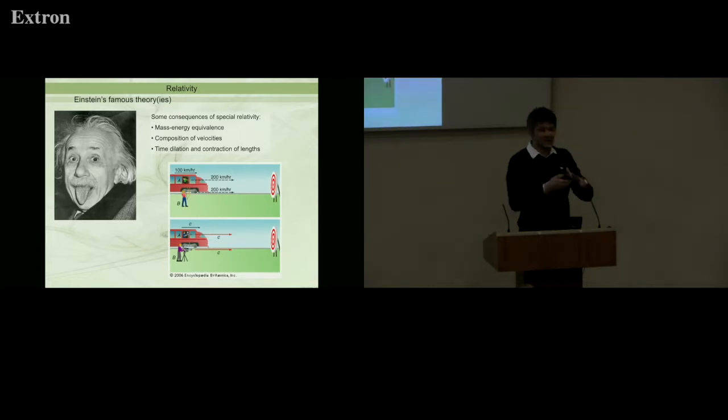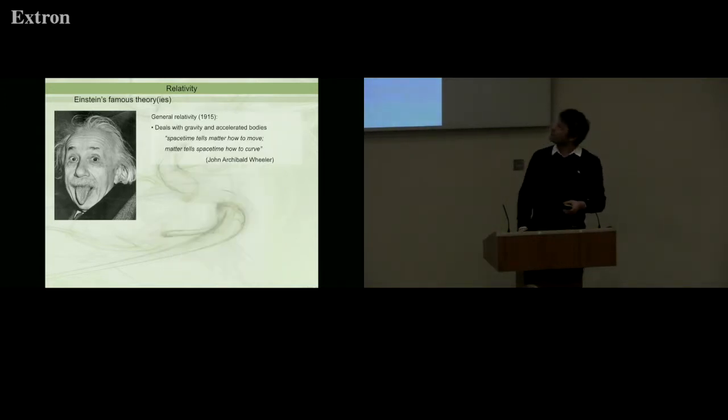Okay? And it's all consistent. So basically, if you have a twin, okay, you stay on Earth and you send your twin traveling at nearly the speed of light, and your twin comes back, in 40 years from now, your twin will come back and will still be like a young teenager or something, and you will have aged 40 years in the meantime. Okay? And it doesn't break any laws of physics. So it's very, very strange.